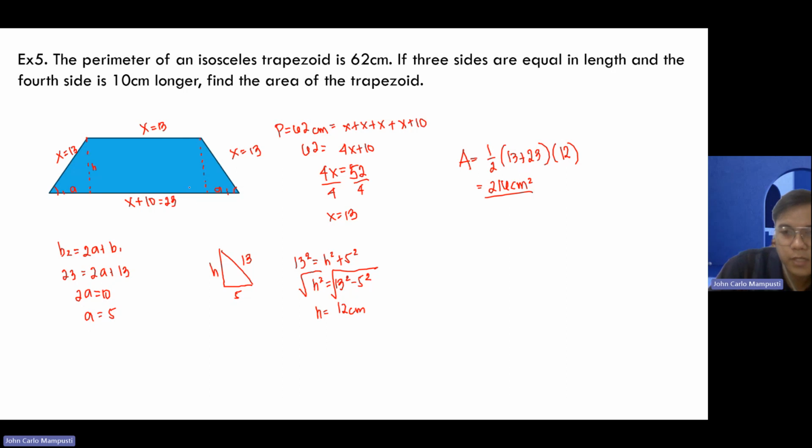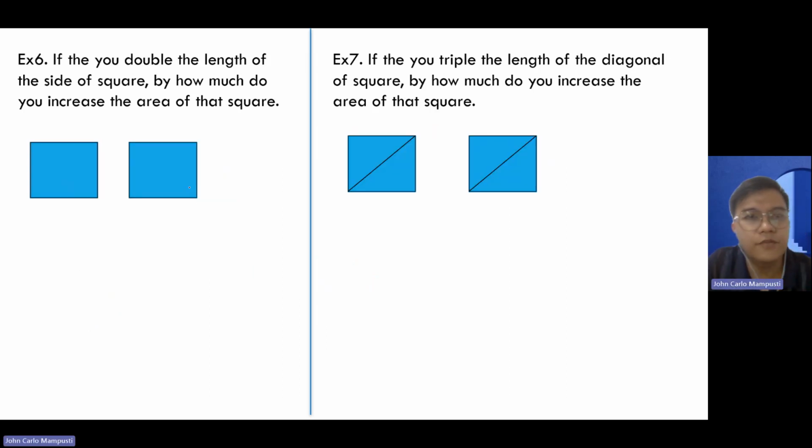Okay? Next one. If you double the length of the side of a square, by how much do you increase the area? Let's say the original, if you haven't increased it yet, the side we refer to here is X. And this is X. If we get the area of the original, let's say A sub O, this is equal to x squared.